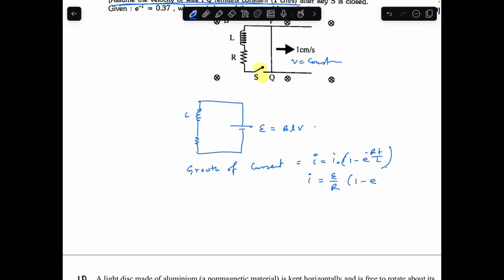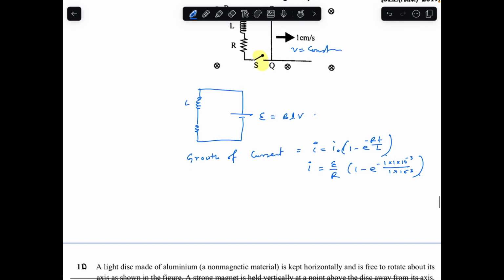So I is BLV by R into 1 minus e to the power of minus R into T, where R is 1, T is 1 into 10 to the power minus 3, divided by L which is 1 into 10 to the power minus 3. 1 millisecond they told.